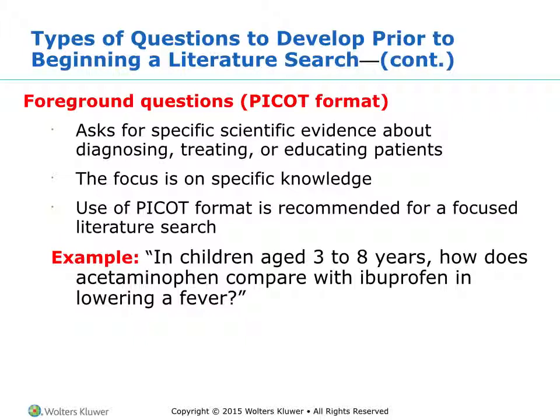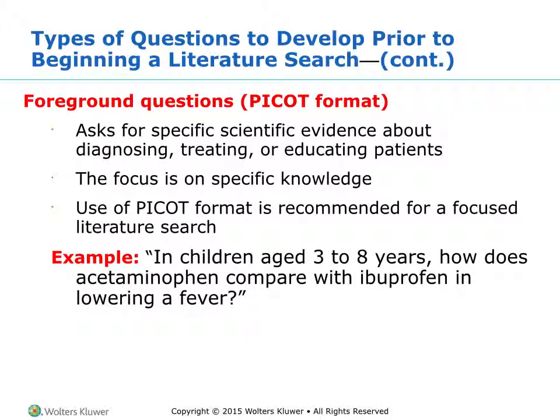The PICO format we're going to explain in detail in a couple of minutes. But by turning your question into a foreground question, you're going to be much more likely to find evidence that answers your question. An example of a PICO question is right here.